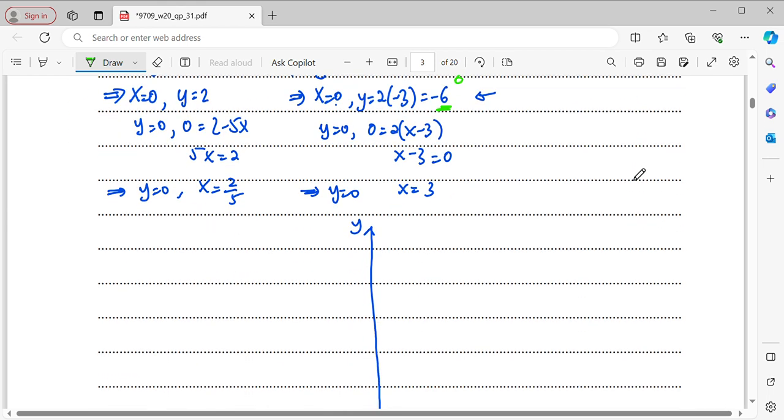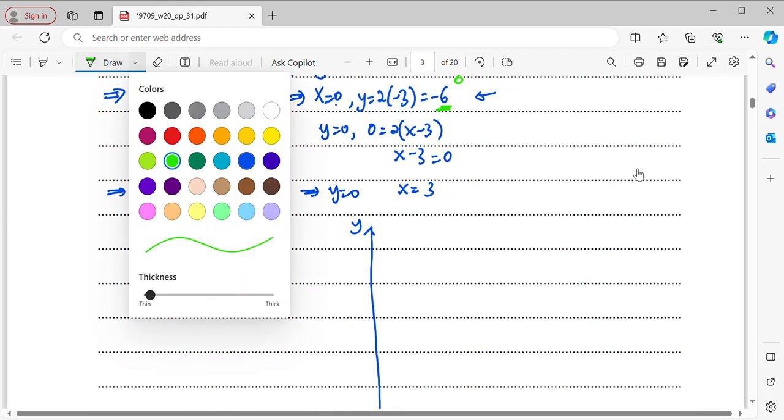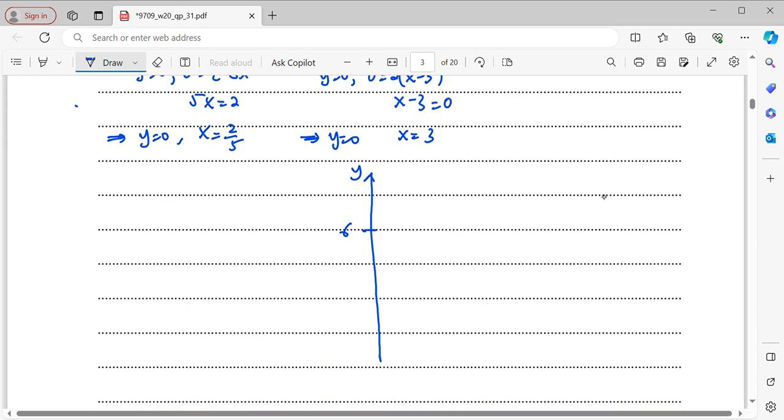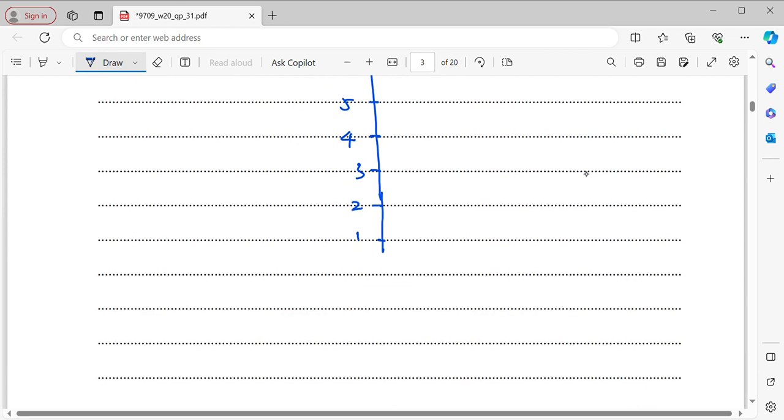So I have to mark my y-axis at least up to positive 6: 5, 4, 3, 2, 1, and 0. I'm not going to mark the minus 6, because later I will just do the reflection. Otherwise, the graph will take a lot of space.